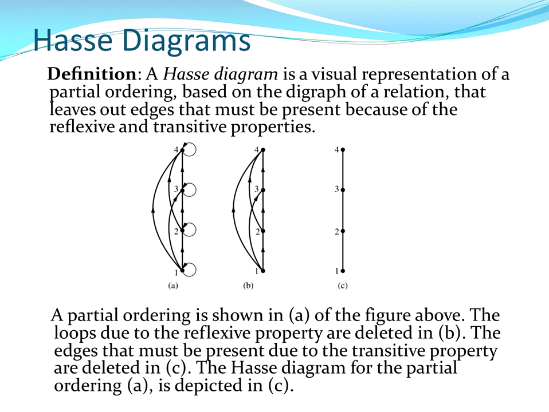So again, we delete the loops, we delete the edges due to the transitive property, and the Hasse diagram is depicted in C. We drop the arrows, and we ensure that the second element in any ordered pair in the relation is higher than the first element.